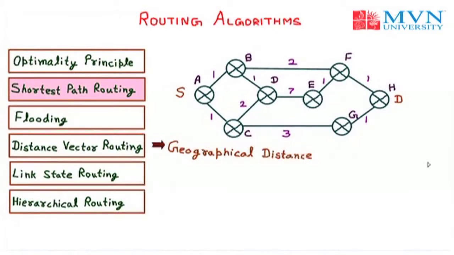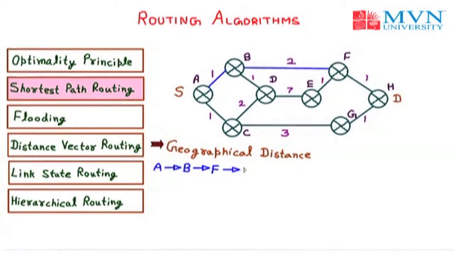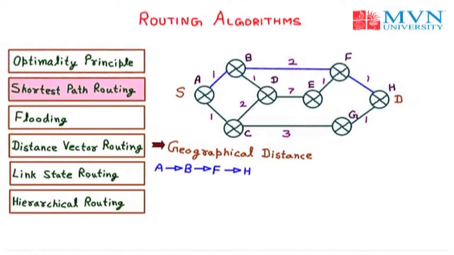So now we will find out the distance between source and destination according to geographical distance. We find the different ways: A to B, from B to F, from F to H. The distance from A to B is 1, plus B to F is 2, plus F to H is 1, that is equal to 4. Now we find out the next path.